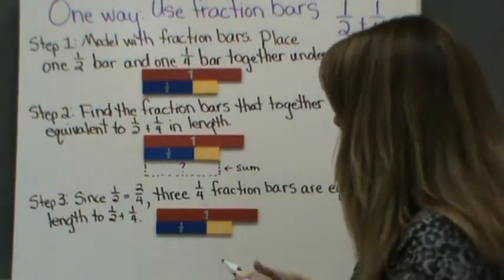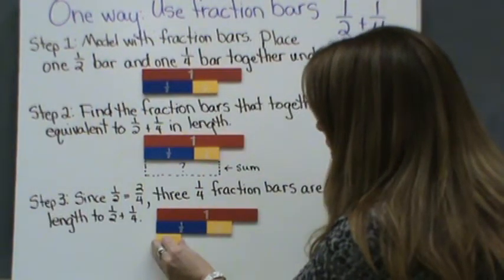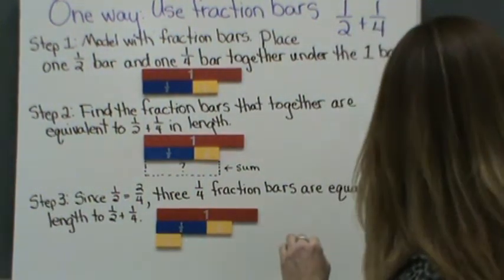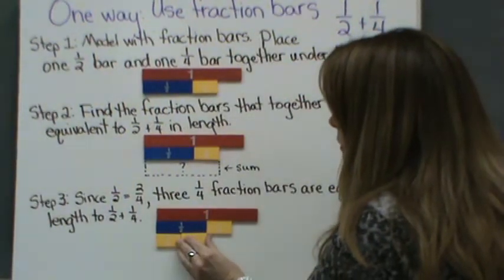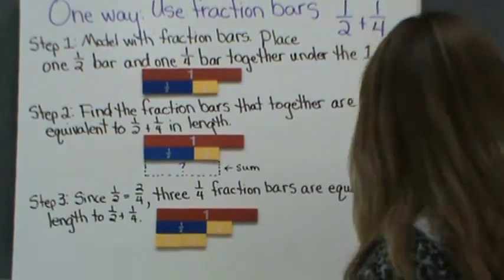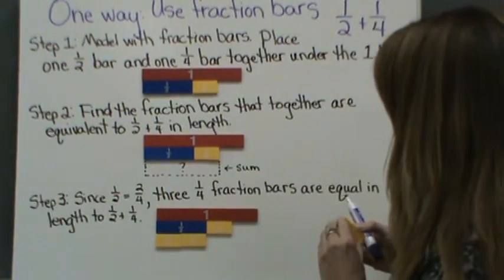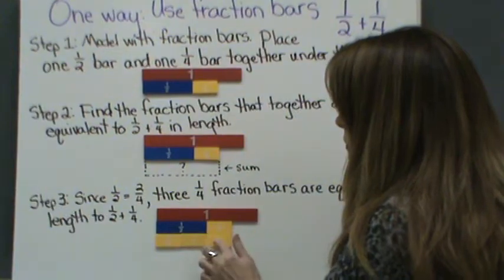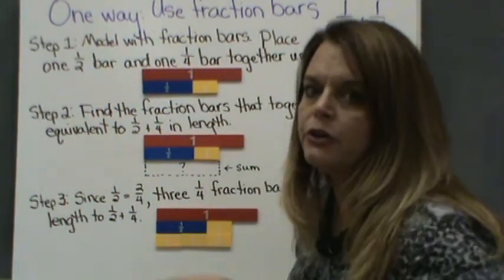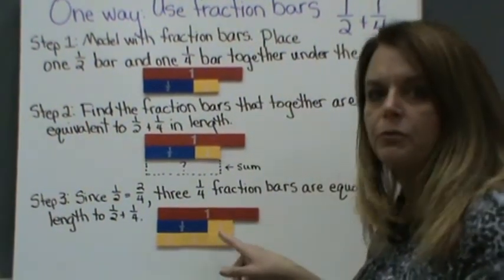I can find that the 1/4, I can put one there. Could do another 1/4, and I can do another 1/4, and I see that those fourths fit underneath my 1/2 and my 1/4 bar.